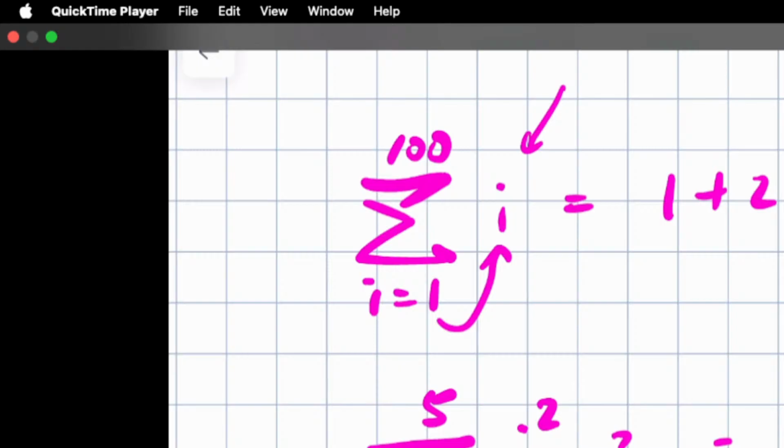This one is actually Carl Friedrich Gauss. Frederick Gauss is the one they call the father of algebra.